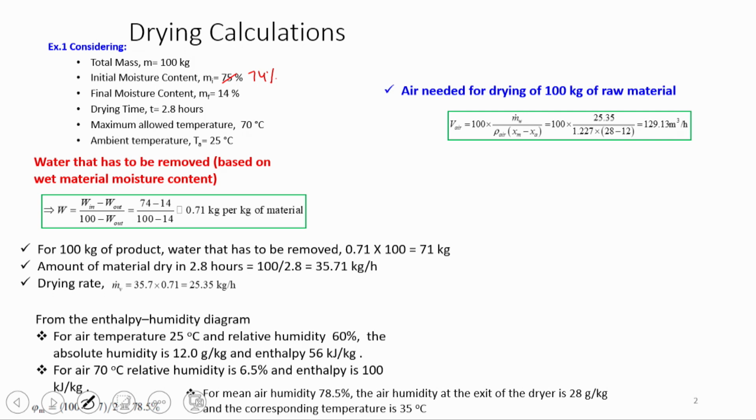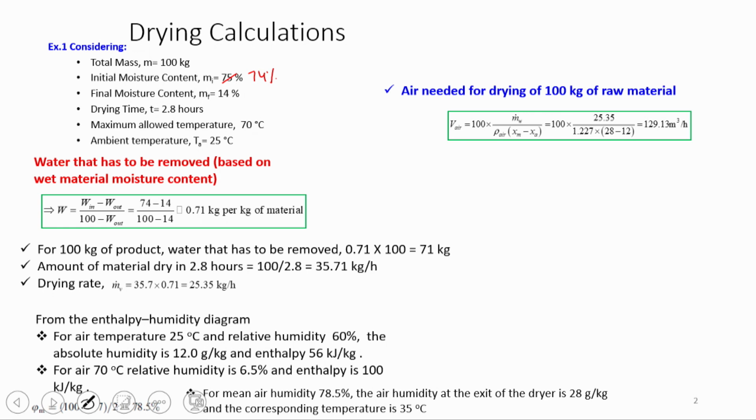Then we need to find out the air needed for drying of 100 kg of raw material. How much air is required for drying of 100 kg of raw material? So, we know m w, and then the density of air, and then x m minus x a.